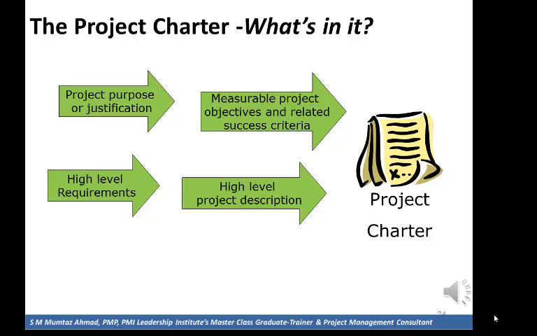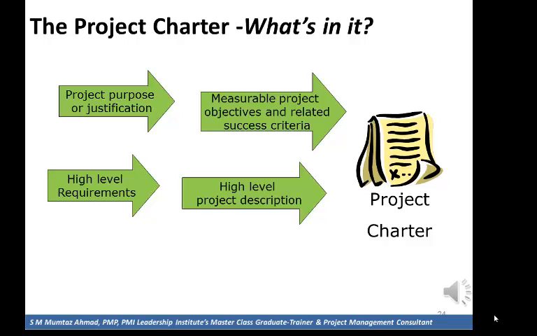There is no template in PMBOK for writing a project charter. It may be as short as half a page and even several pages. It is recommended that the project charter, being an initial document, should be short.